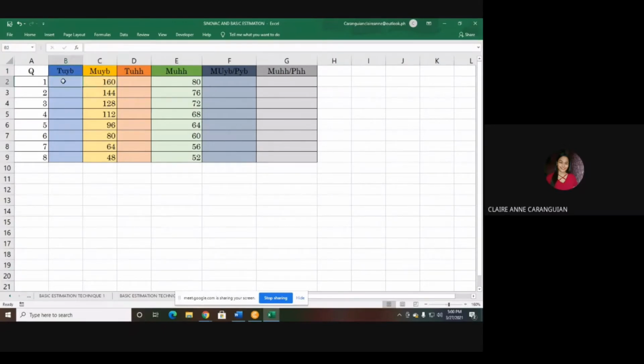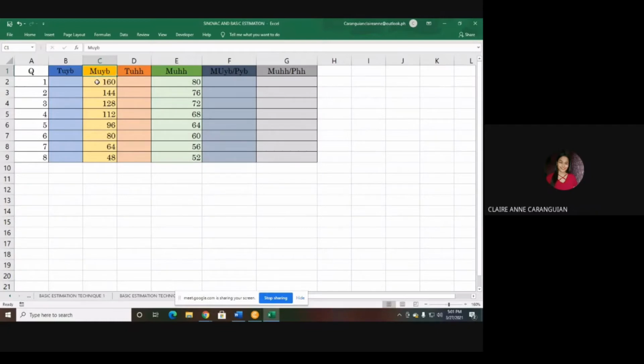Here there is no given total utility, so we are going to compute it. Instead of the previous and current total utility, we are going to use the marginal utility for Yum Burger.